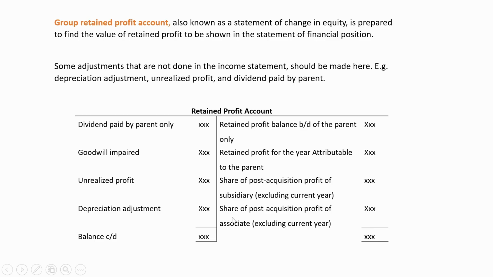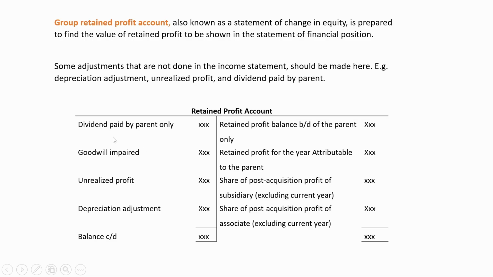Similarly, for the associate, add a share of post-acquisition profit of associate, excluding current year, because current year's share of profit has already been included in the amount shown here, retained profit attributable to the parent for the current year. So you only include any extra post-acquisition profit, except for the current year, you do not include pre-acquisition profit.